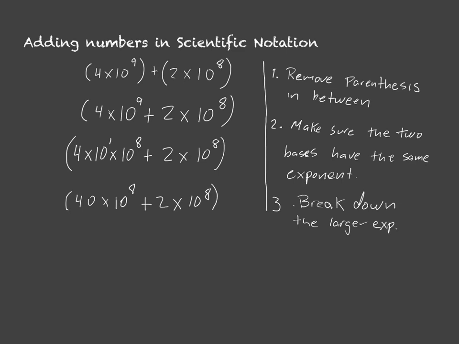I'm just going to put EXP, the exponent. Okay? And then the fourth thing was to multiply four times 10 to the 1st. Okay, that's where we got the 40 from.